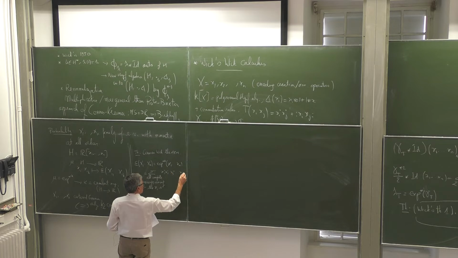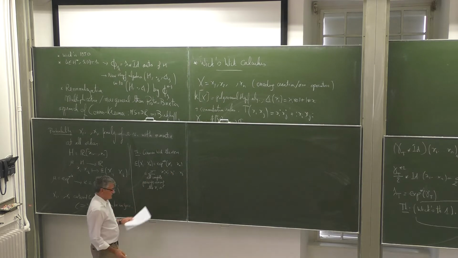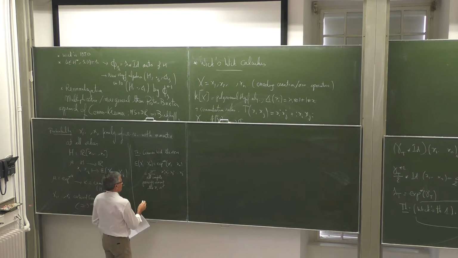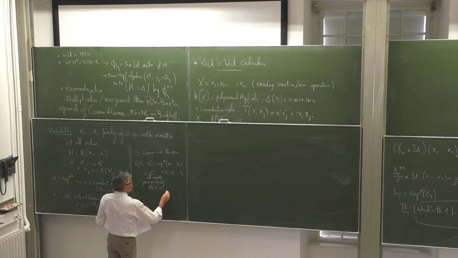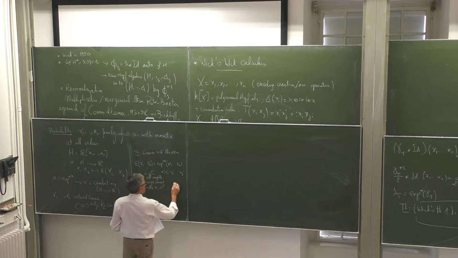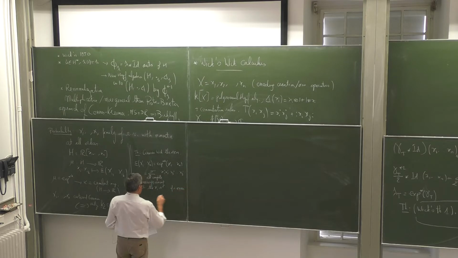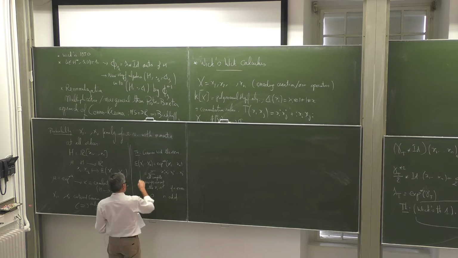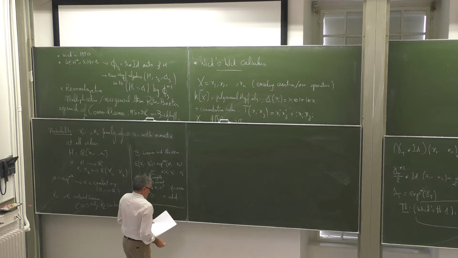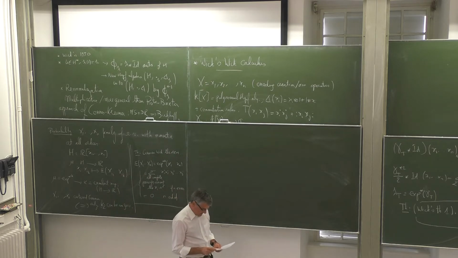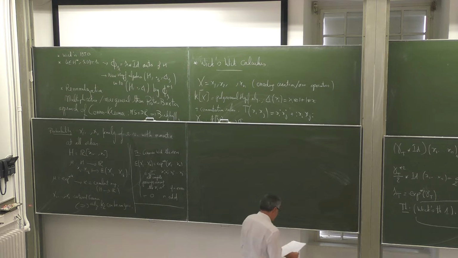So you want all the random variables to be paired, using Wick's original notation. So this is the case, of course, where n is even, and this is 0 if n is odd, because there are no complete pairings if n is odd.